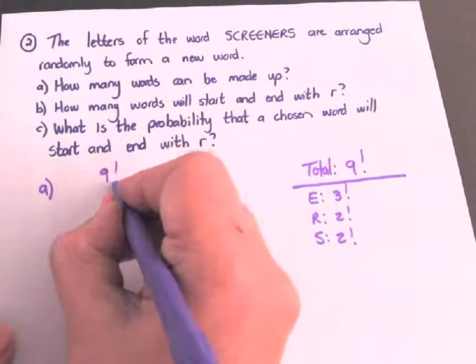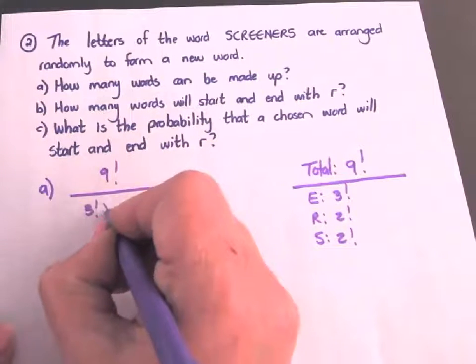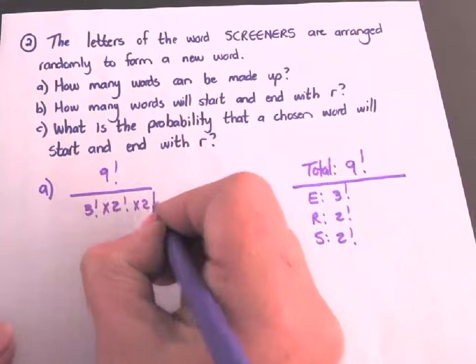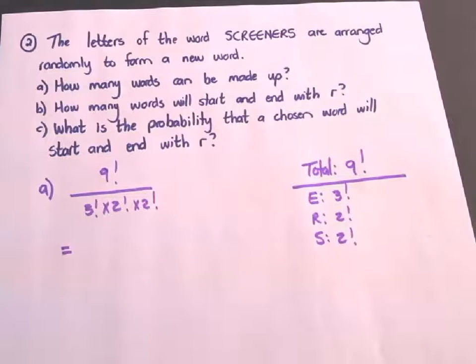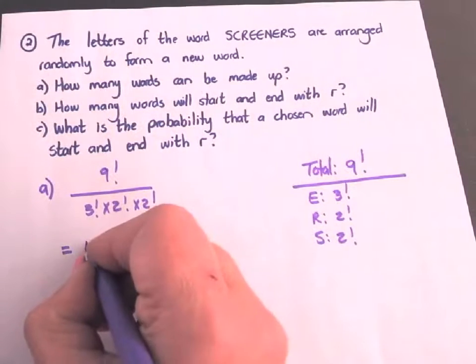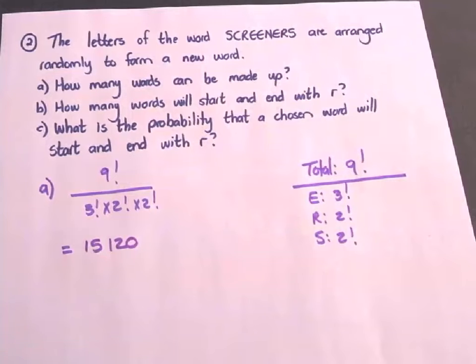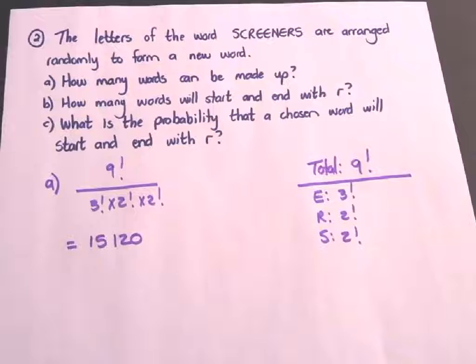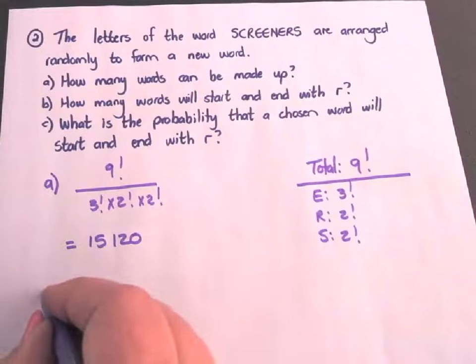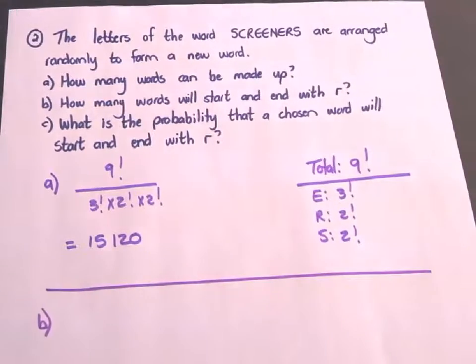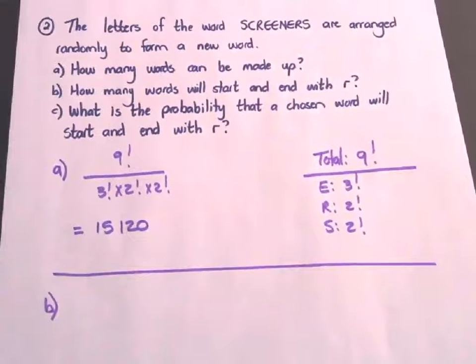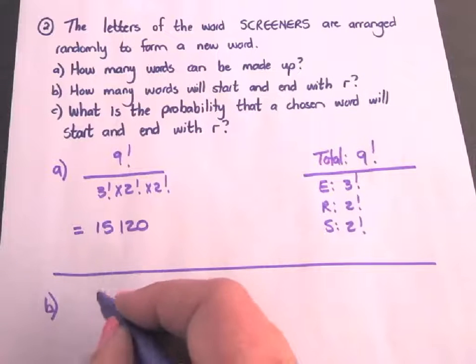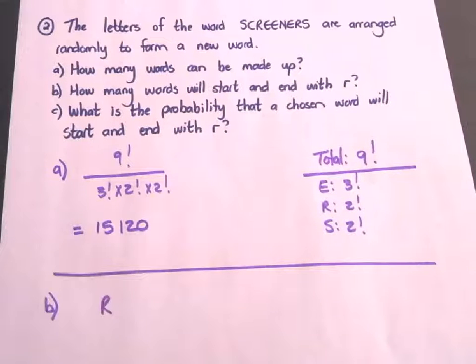Yes. 9 factorial over 3 factorial times 2 factorial times 2 factorial. And that will be 15,120 possible arrangements. Now for number B. How many arrangements can you make if you start with an R and you end with an R?